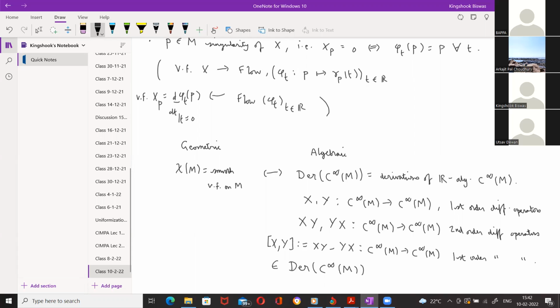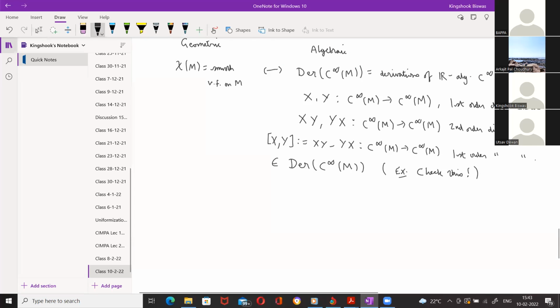So as an exercise, check this. It's an easy exercise, just calculation.